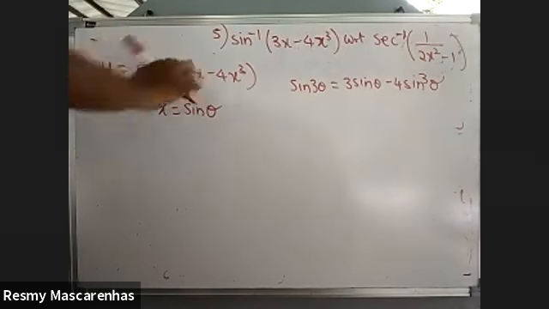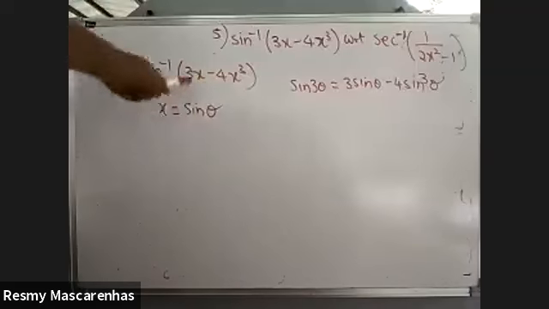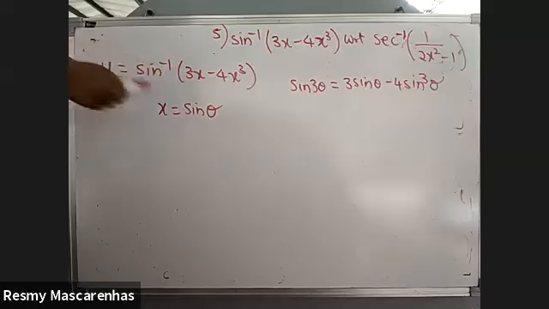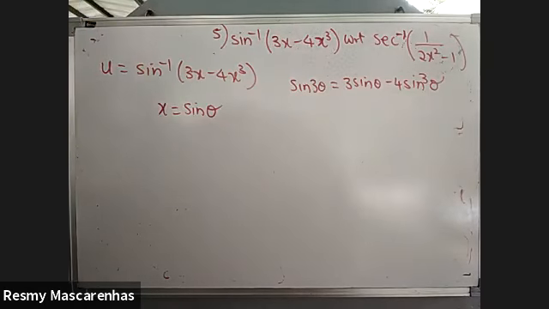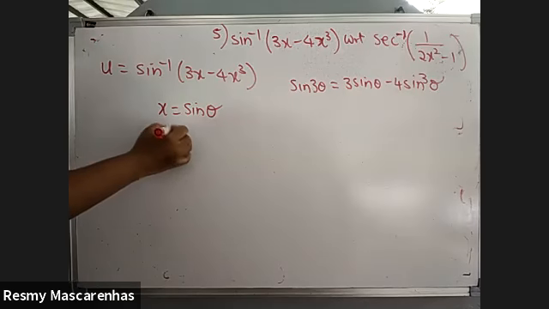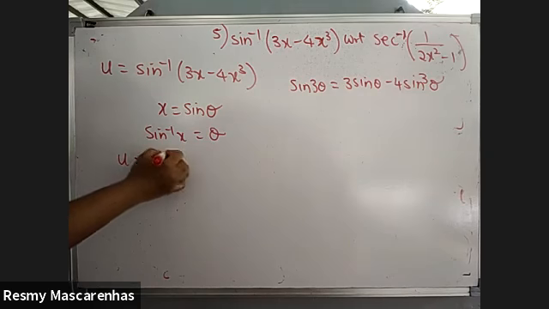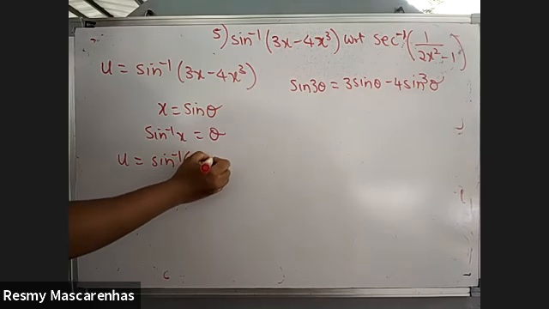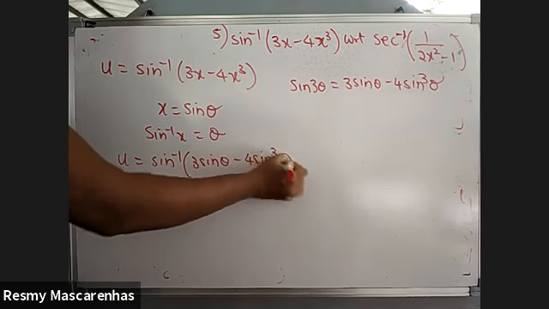Don't worry, anytime you come across this problem, you will know that if 3x minus 4x cube is inside sine inverse, you have to do this substitution. So theta is sine inverse of x. So u will be sine inverse of 3 sine theta minus 4 sine cube theta.